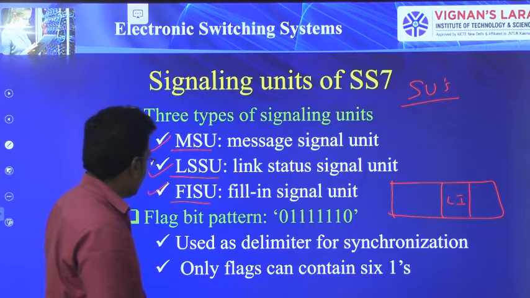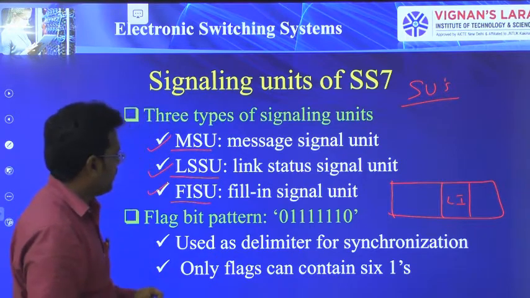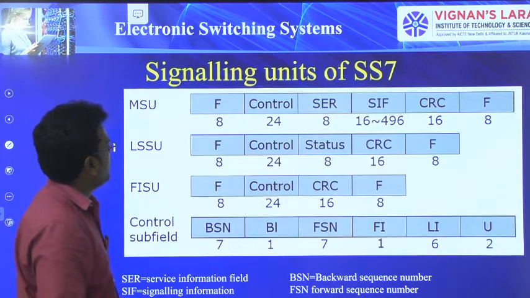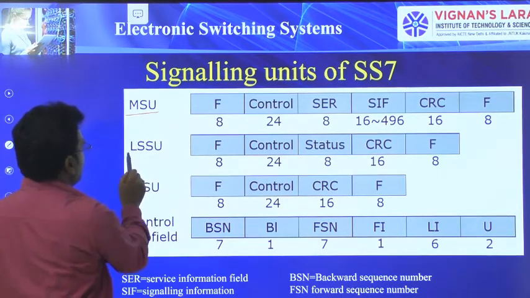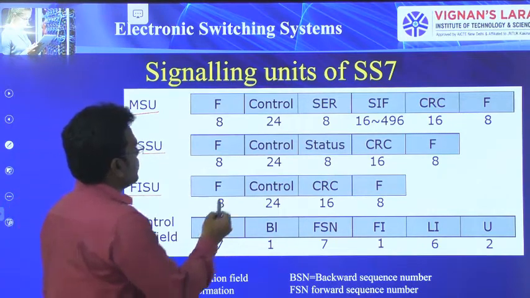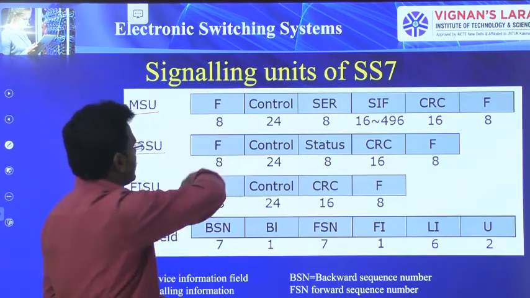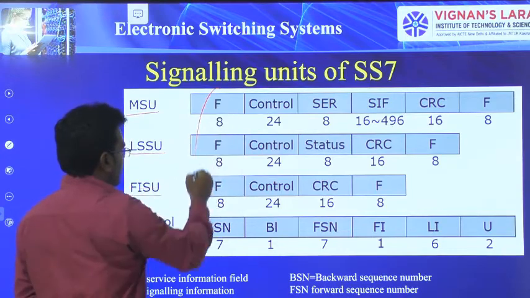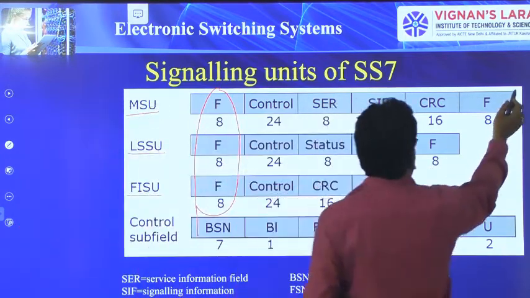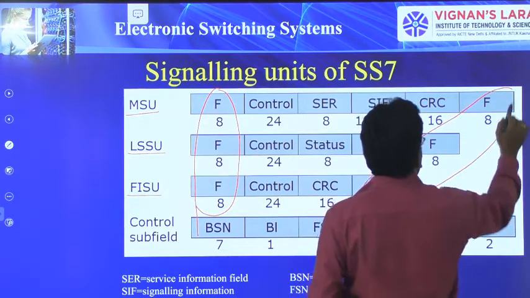So one more thing here is the structure of SS7 signal units, MSU, LSSU and FISU. If you observe, in all these signal units, the first 8 bits and the last 8 bits are flag bits.